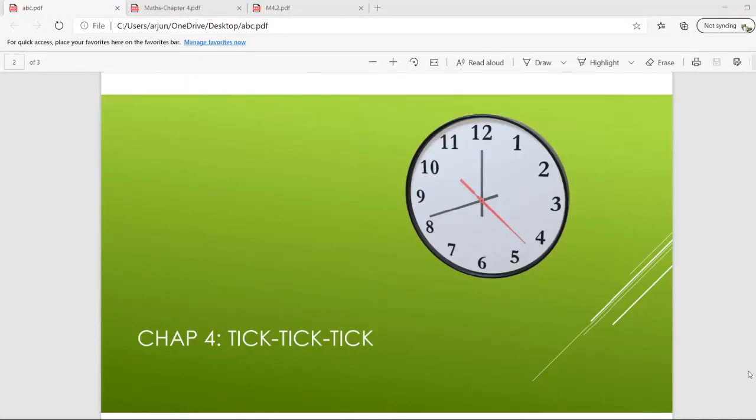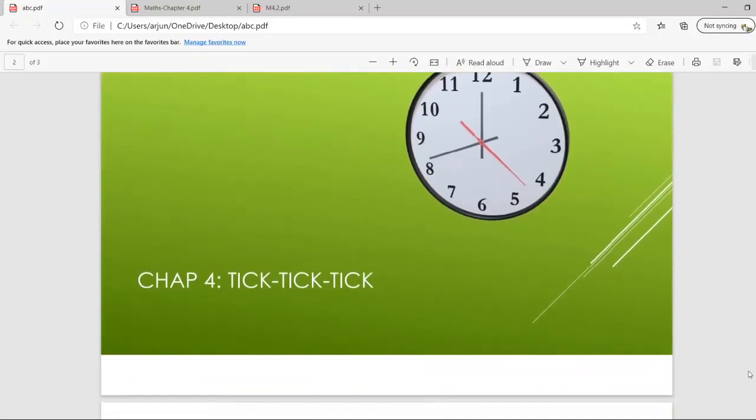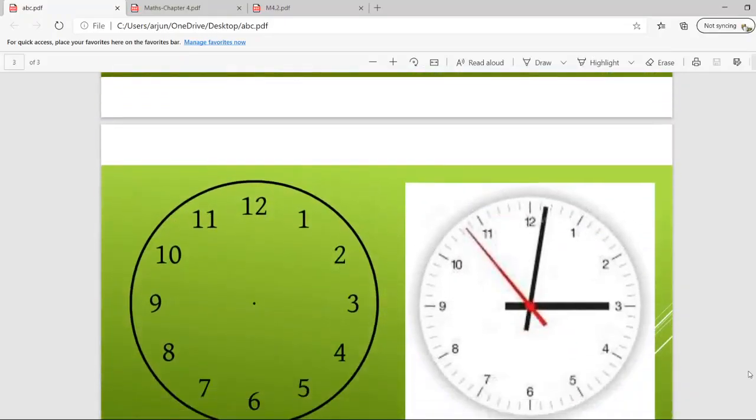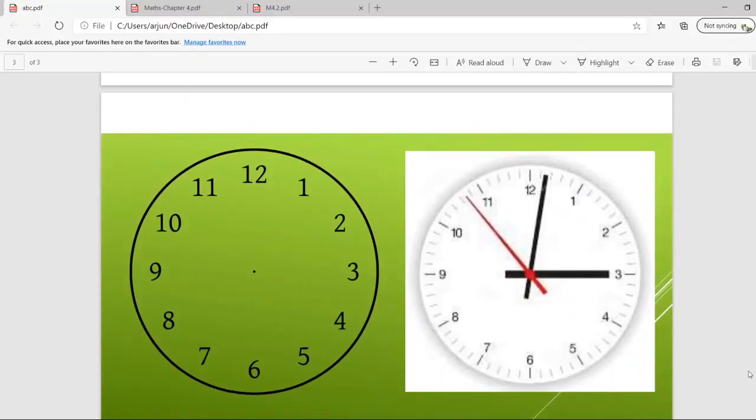We were dealing with chapter number 4. Moving further in this chapter, till now we have studied how to see time in the clock in a different manner. We have seen that this is one segment.